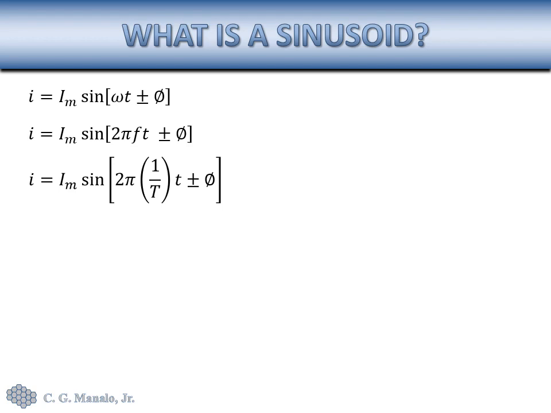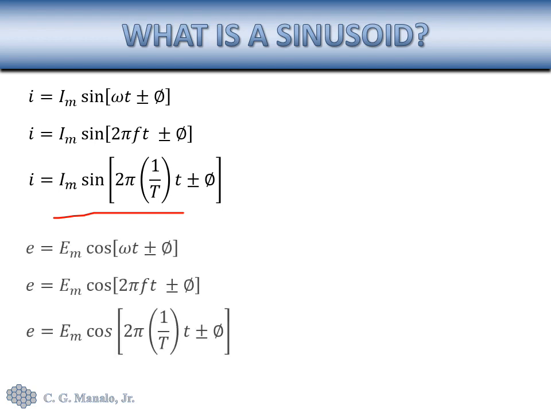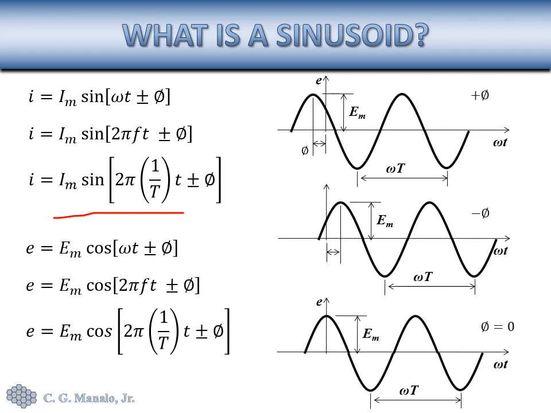So a sinusoid can also be used to express current. In AC circuit analysis, a sinusoid expresses either a voltage or a current. In this case, we have shown it to express a current. Now, as said before, a sinusoid can also be expressed as a cosine function.